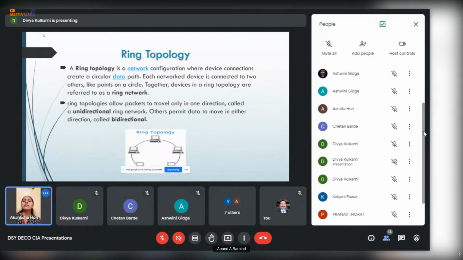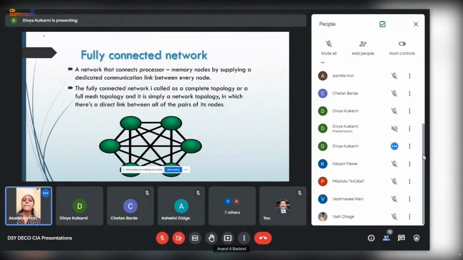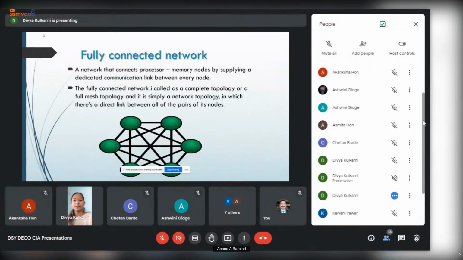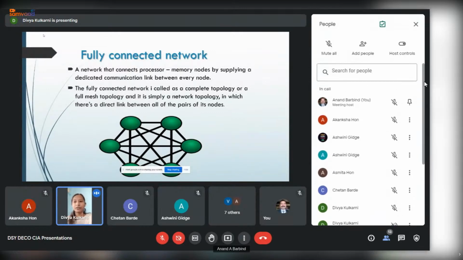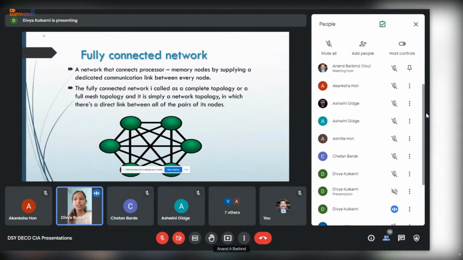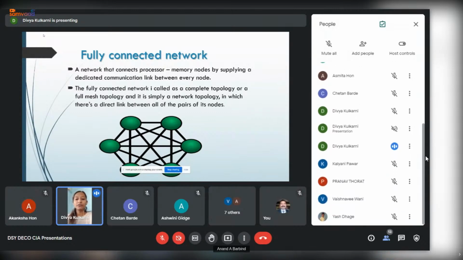So Divya, can you take further charge? Yes. Good morning, everyone. So I'm going to explain fully connected network. A network that connects processor memory nodes by supplying a dedicated communication link between every node. Means in this fully connected network, processor and memory nodes are connected to each other via some communication medium, and there are multiple communication cables between these processor and memory nodes.